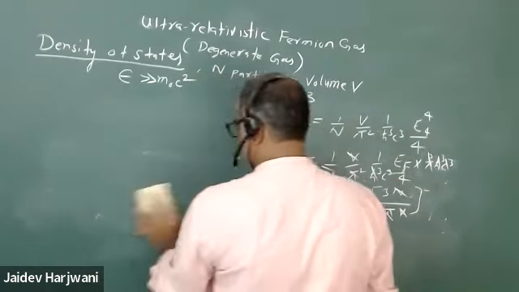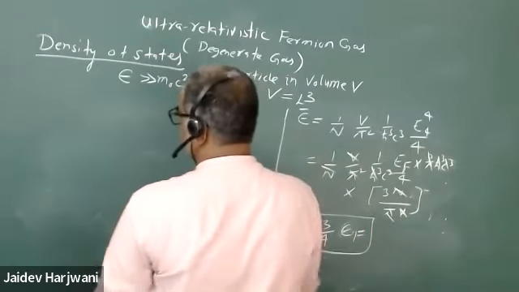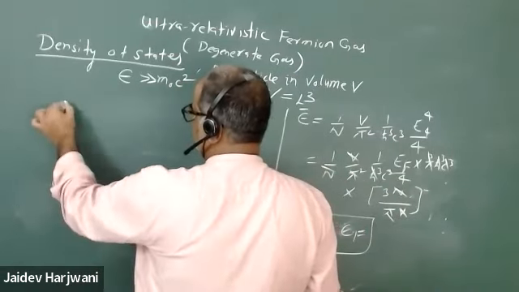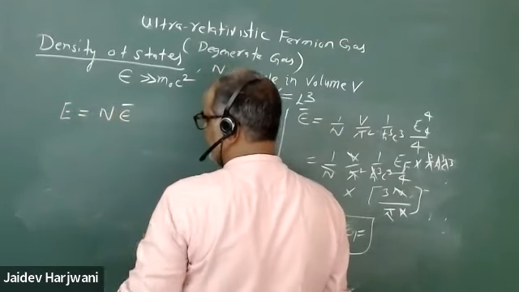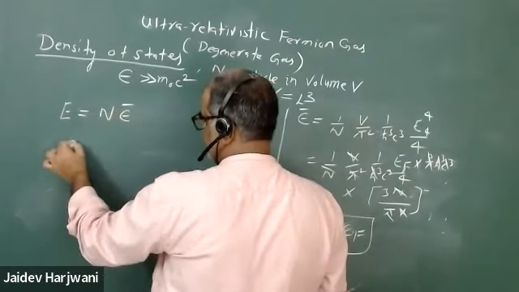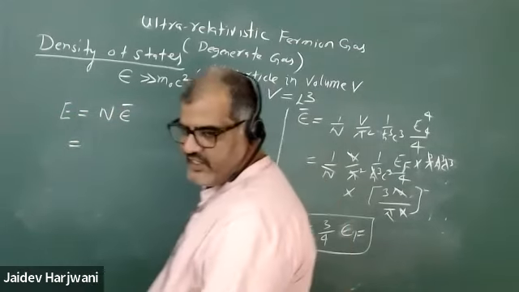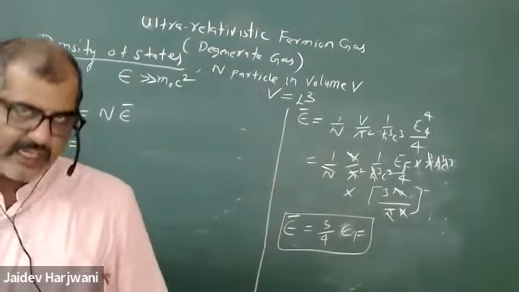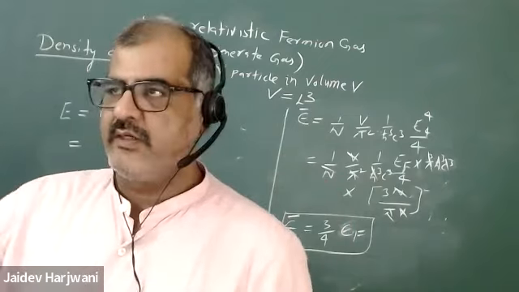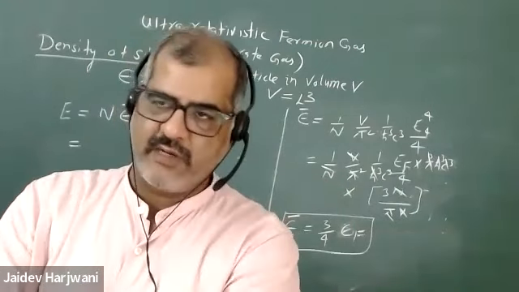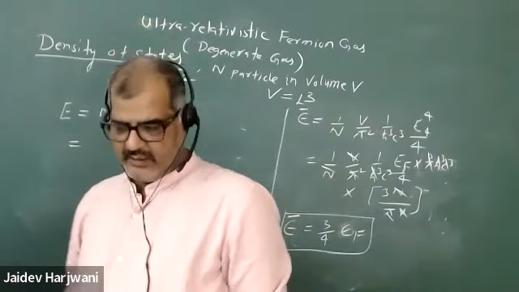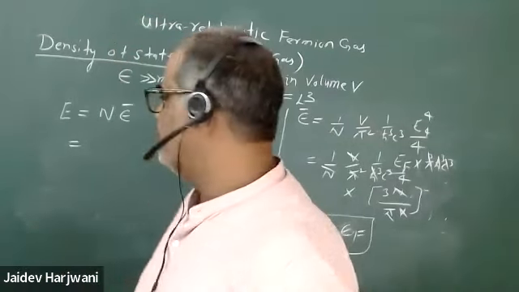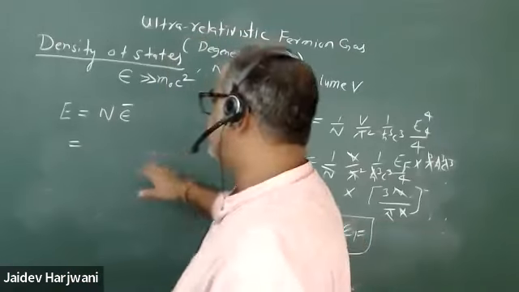If I ask you to calculate total energy, it will be N into E. Like we are doing for relativistic, you can do the same thing for non-relativistic. Yesterday we did not calculate the pressure, but you can calculate it in a similar way. We'll do some problems today. They asked some pressure, so we'll do it for the non-relativistic case also.